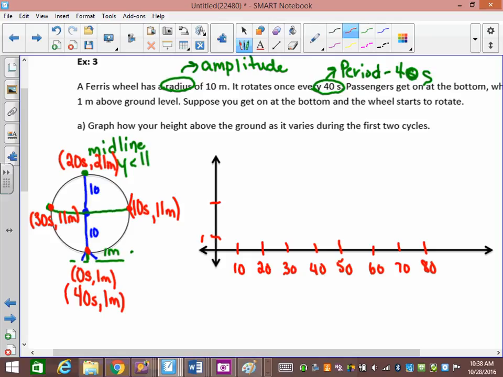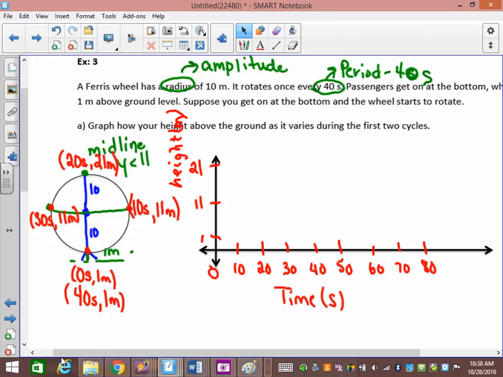1, 11, and 21. And this is time in seconds. This is height in meters. So at 0, I'm at 1 meter. At 10, I'm at 11.